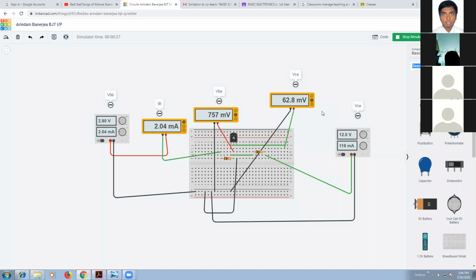And I request everyone to please mute your mic from your side. I can see many of you have still not muted your mic. So please do that and write in the chat box. Nobody has written anything, so may I proceed? Okay, sir, you can proceed.